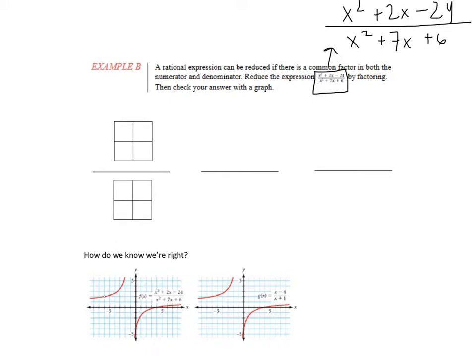And we are going to factor the top and factor the bottom and look to see if we have a common factor that we can cancel out of both.